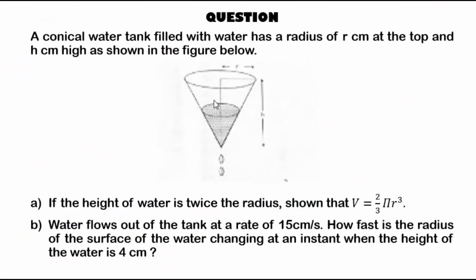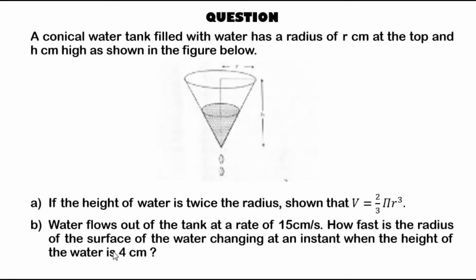This is an example of a related rates question. A cylindrical water tank filled with water has a radius of r cm at the top and h cm high as shown in the figure below. A. If the height of the water is twice the radius shown, show that V equals 2 over 3 pi r cubed. B. Water flows out of the tank at a rate of 50 cm per second.